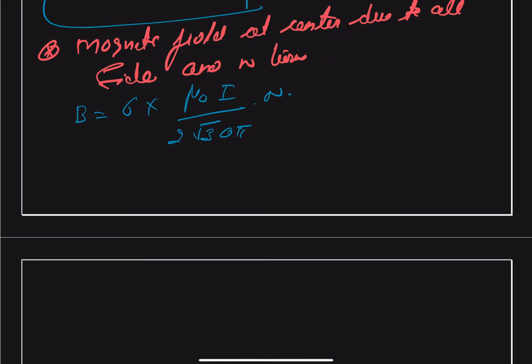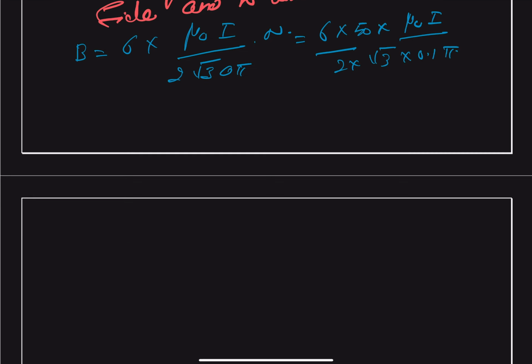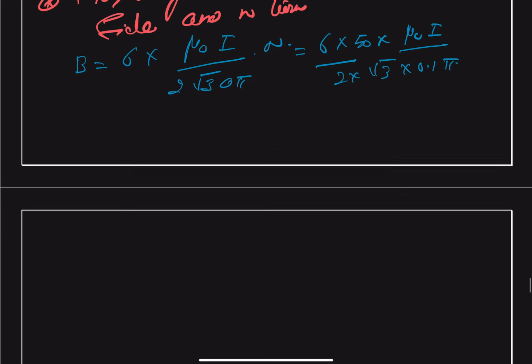Now we simply substitute the values. We get 6 multiplied by 50, mu naught I, and our side is 0.1, so this comes as root 3, and we have here 2, and side is 0.1, and pi. So we can just cancel it.